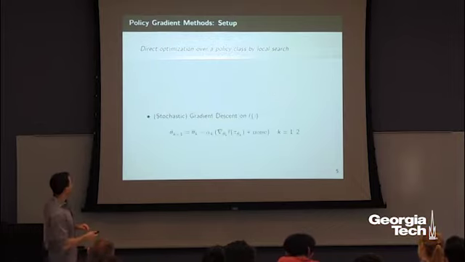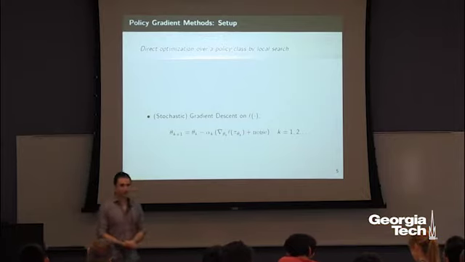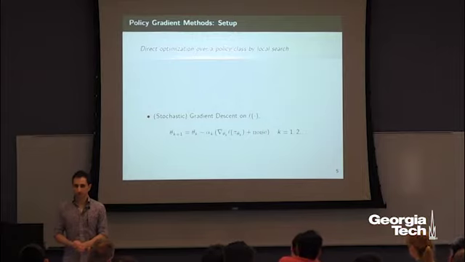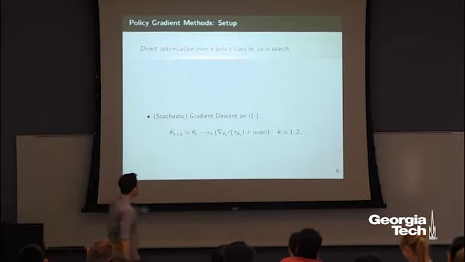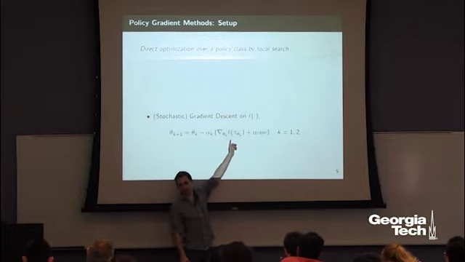All right. Now what we do is just do SGD on this loss function. So we say the new parameter should be the old one minus a stochastic gradient, times the step size.